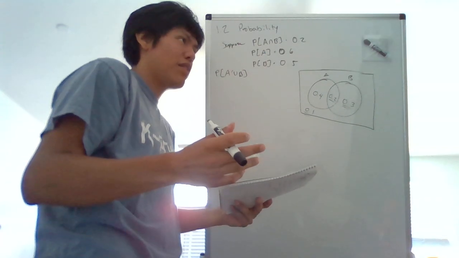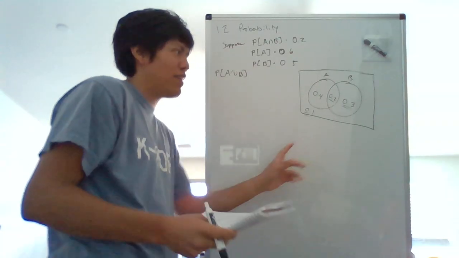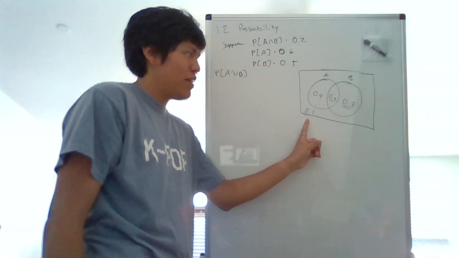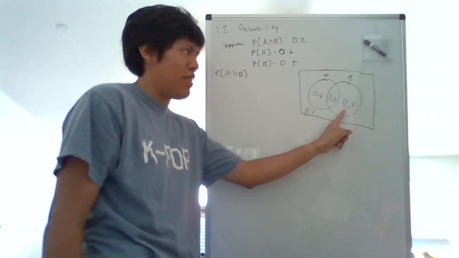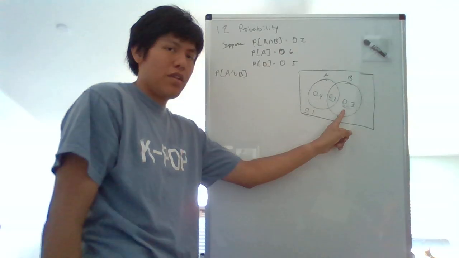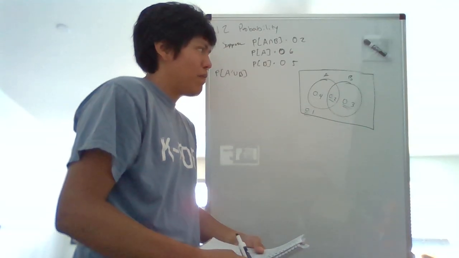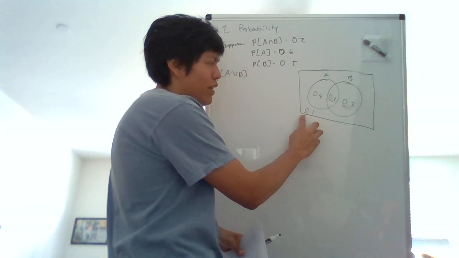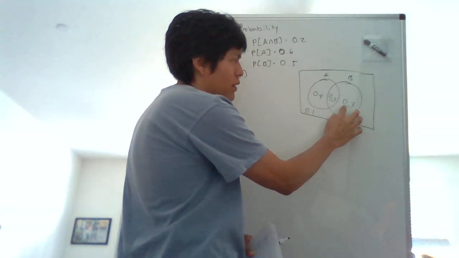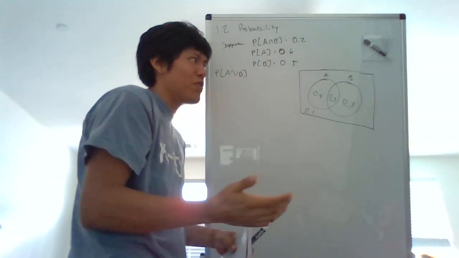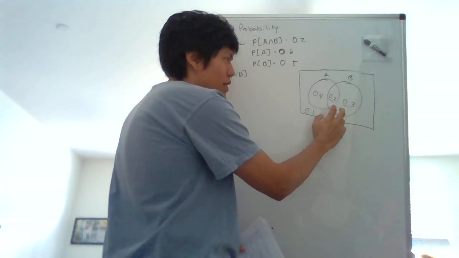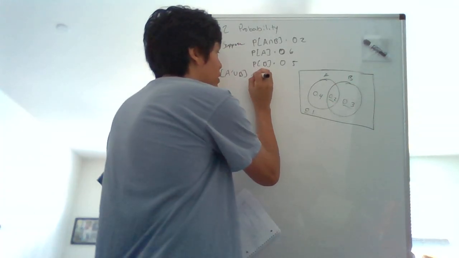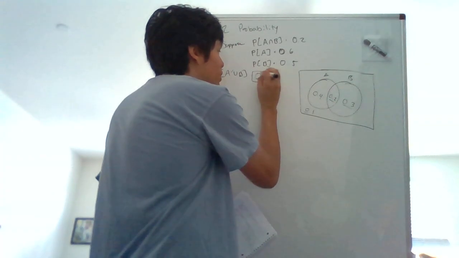But we don't want to double count. Hopefully the camera picks it up, but I double underlined this 0.1 and this 0.3. And again, we don't want to double count, so I'll erase one of the underlines. And now what we would do is just add these three probabilities together, which gives us 0.6. And that's our answer.